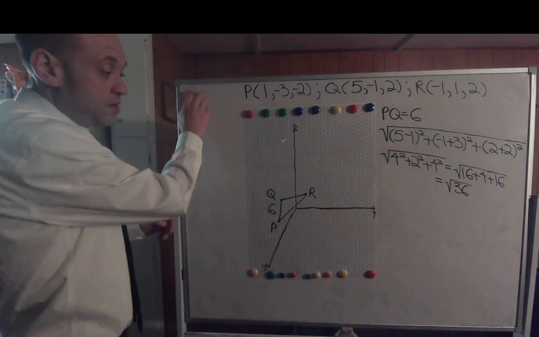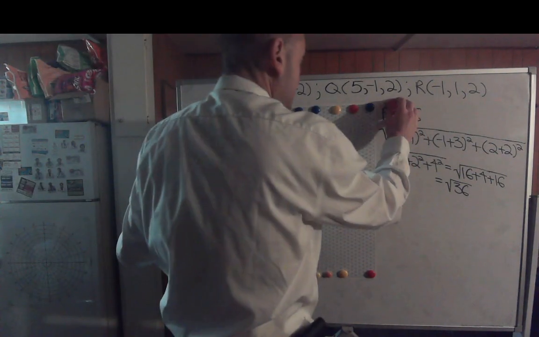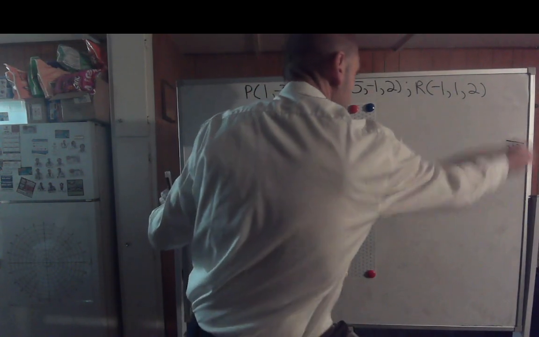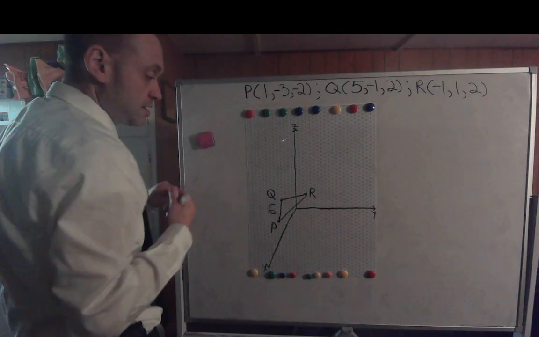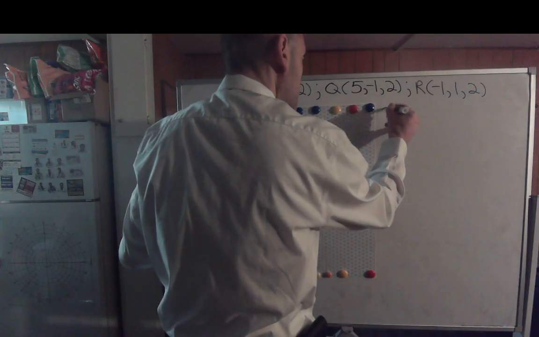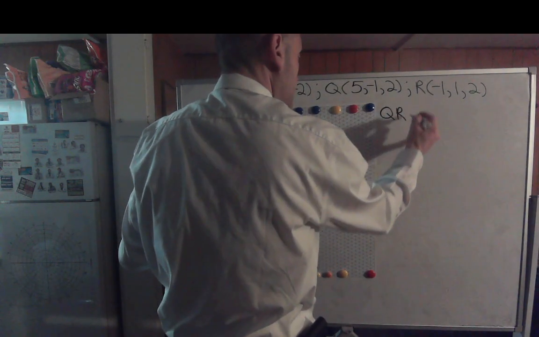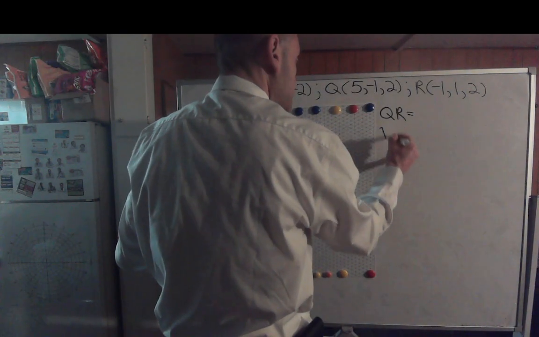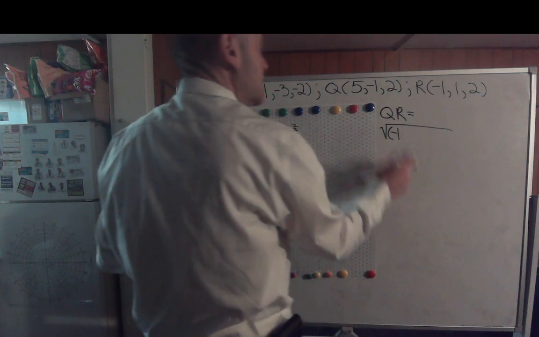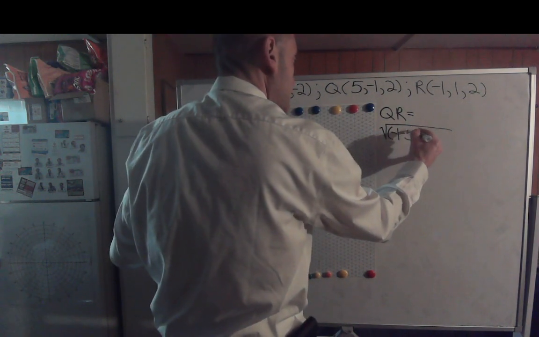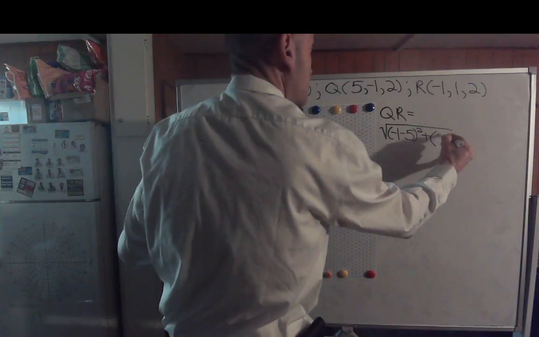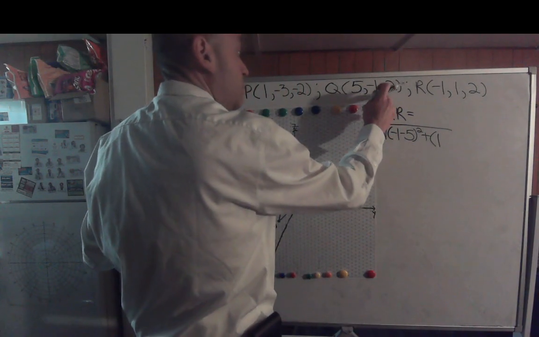Now, what about the other two sides? Well, we got to apply the distance formula once again. So let's do side QR. QR, let's apply the distance formula. So x2 is -1 minus our x1 of 5, that quantity squared, plus the y2, which is 1, minus the y1, which is -1.